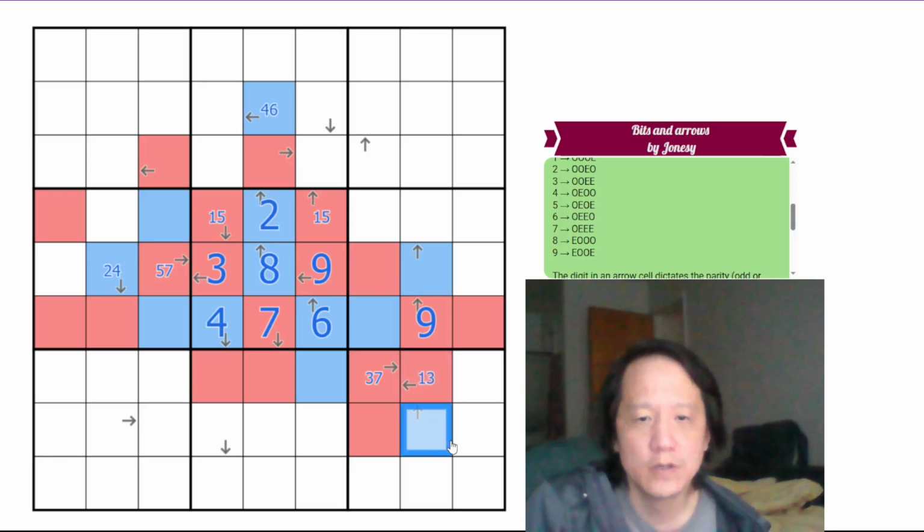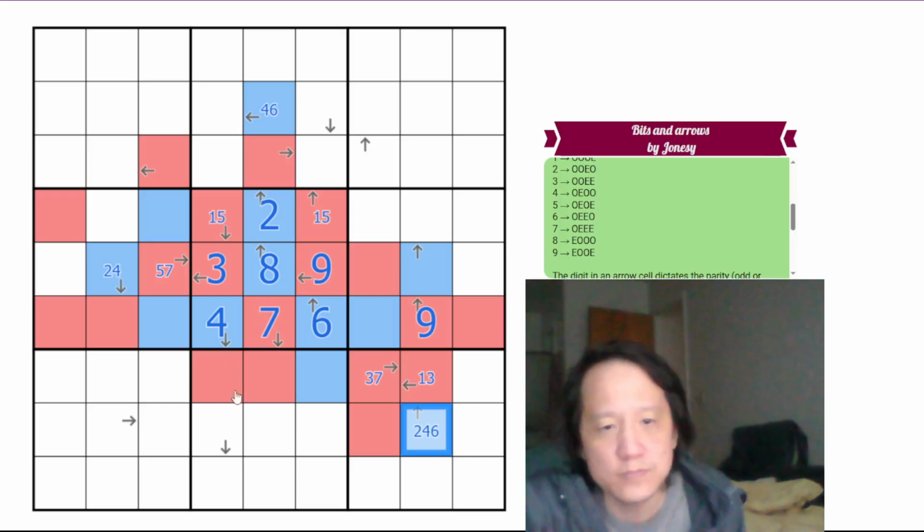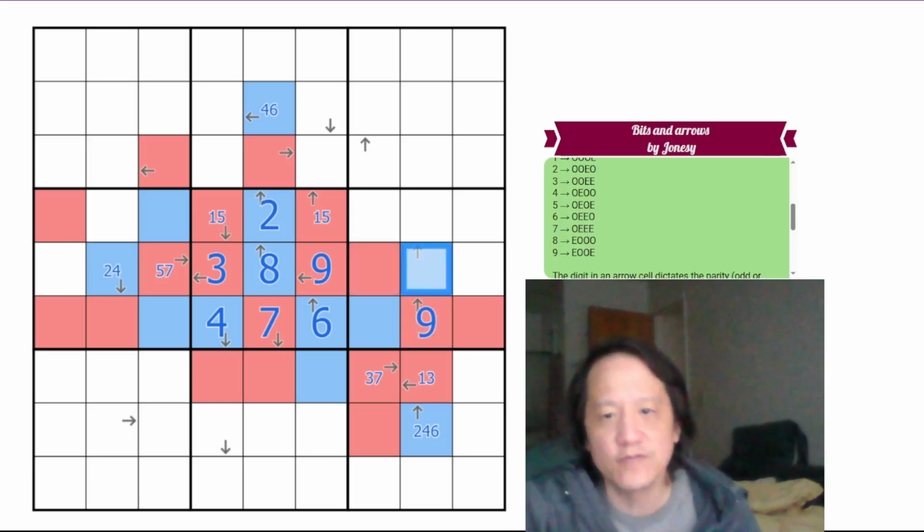Okay. It starts with odd. So this is 2, 4, or 6. 1, 2, 3, 4. That's not helpful. Okay, so this is an even digit. It ends in 2 odds. So it's not 2. It can't be 8. Can't be 6. So this is a 4.